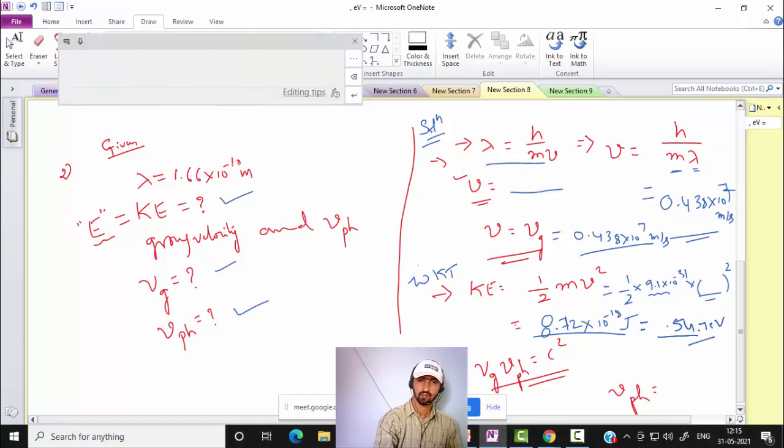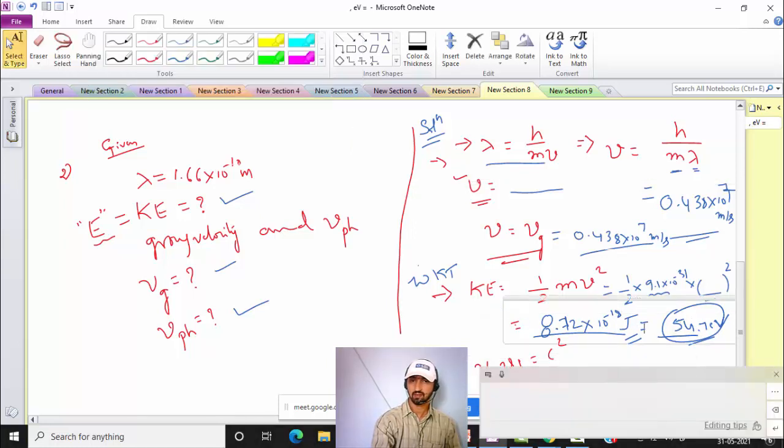This is not compulsory. If they specifically ask for the energy in electron volt, then you can do this; otherwise, you can do the calculation in joules, the SI unit. Okay, fine.